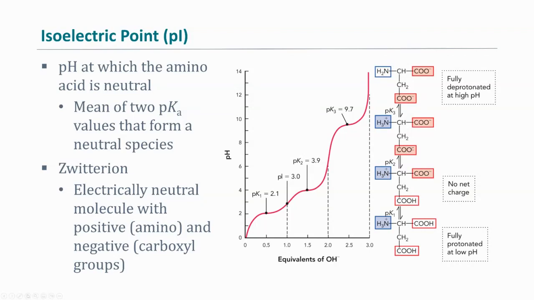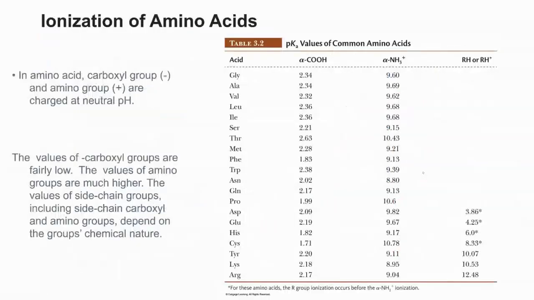The side chain releases one hydrogen. Then pK3 is where the hydrogen ion is released from the amino group. That's the PI.